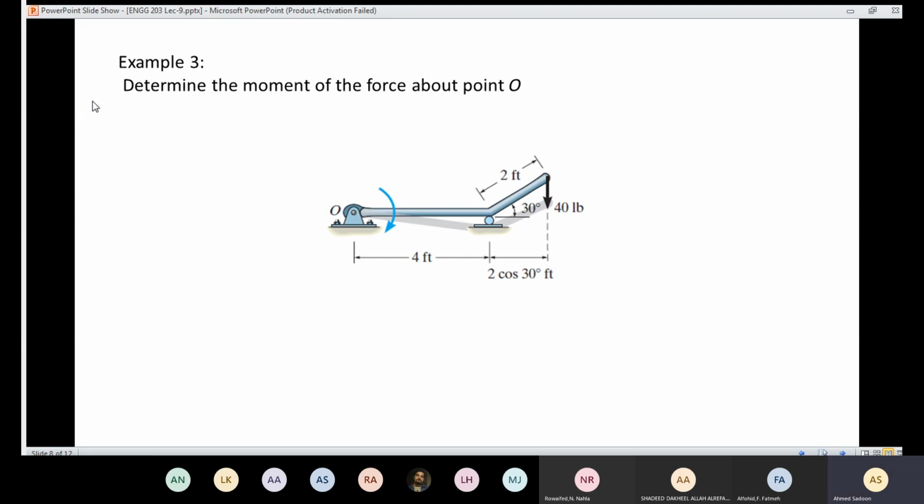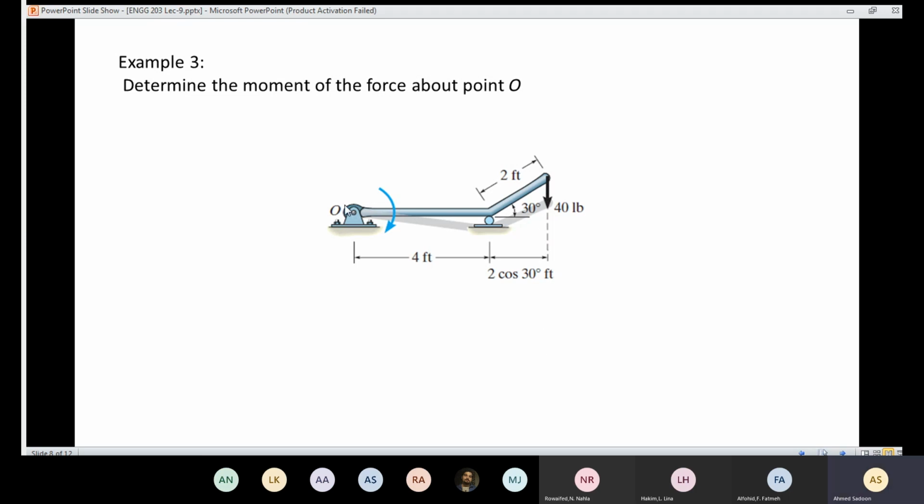Let's move to example 3. In example 3, we want to determine the moment of the force about the point O. So here is the point O. We apply a force at the end of that body. This time the body is just like that. We apply the force here, and we want to know the moment about the point O. So again, I'm going to draw the line of action here.